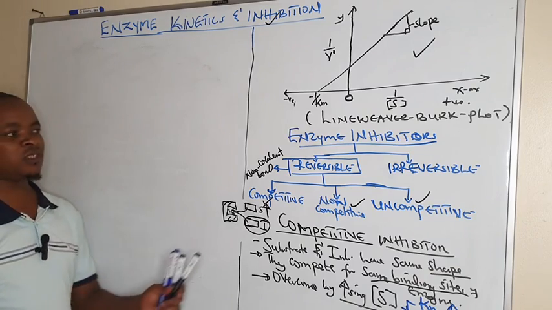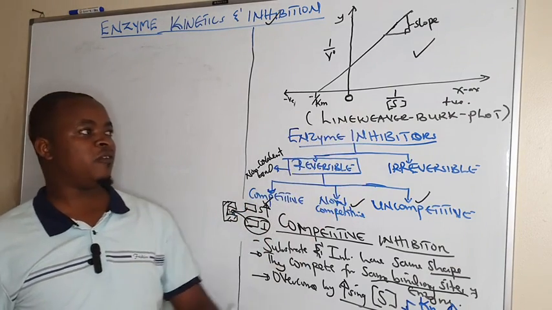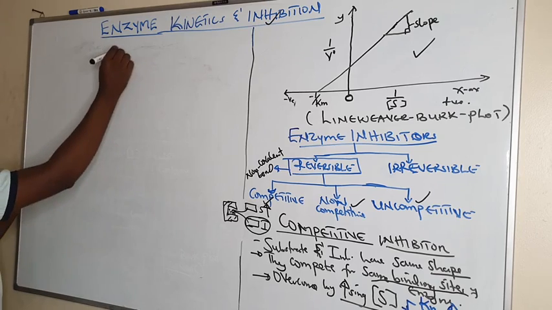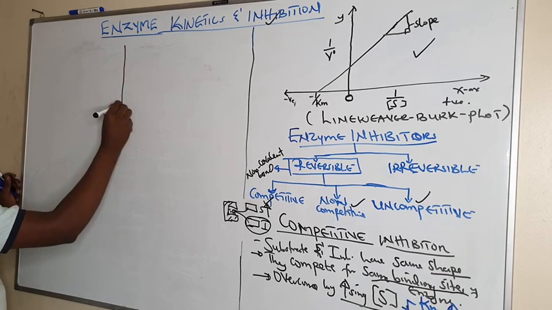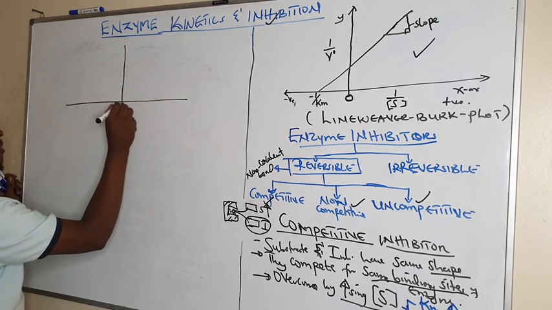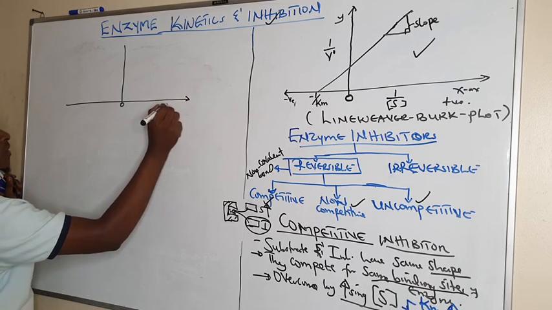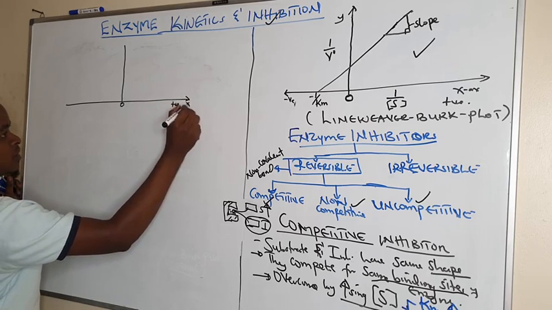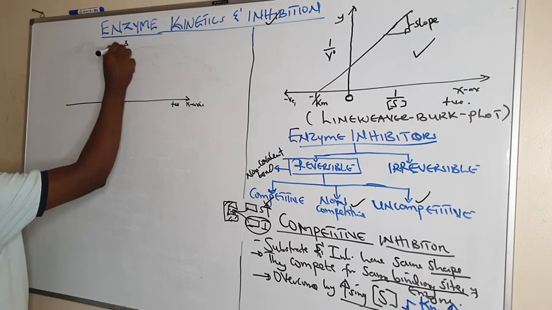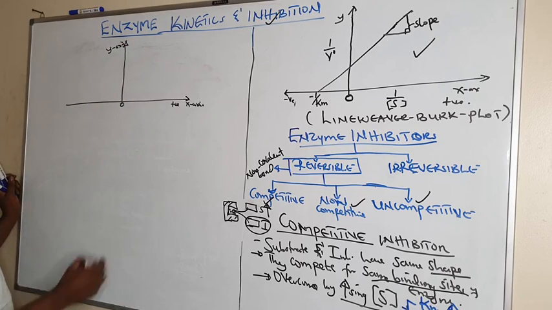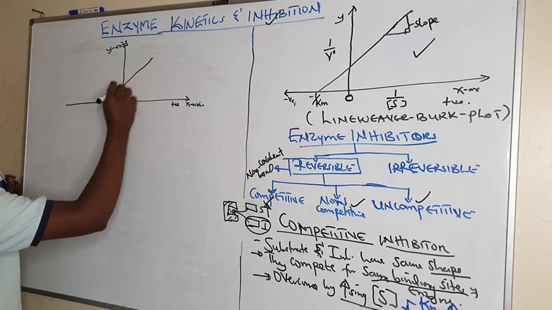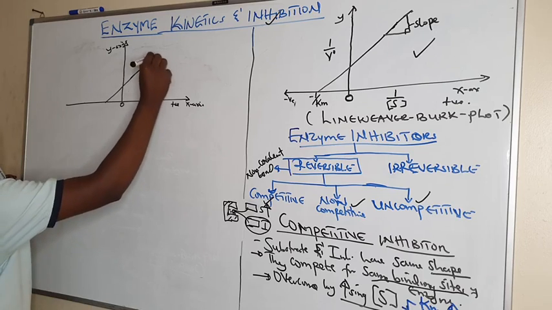So graphically, using Lineweaver-Burk plots, we are going to see that if we have our plot here, and this is at 0, let's say this side it is positive, and here it is x-axis, then this is y-axis, and maybe this is our curve in absence of inhibitor.